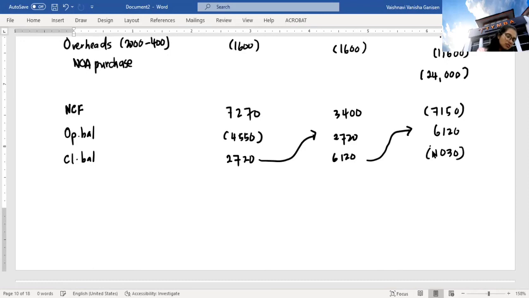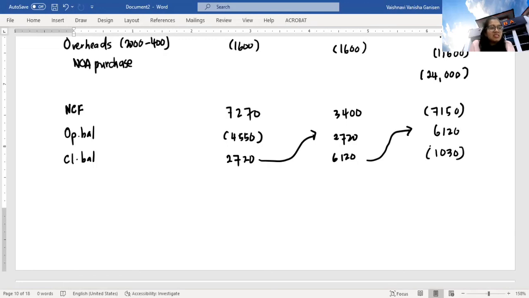From this question, you can see that this company has a cash surplus for year one and year two. Sorry, it's actually not year one and year two, it's the first month and the second month, January and February. And for the third month, March, it has a cash deficit of 1,030.